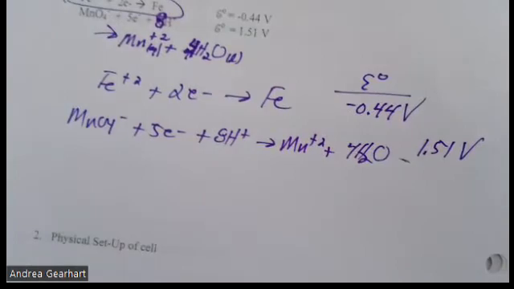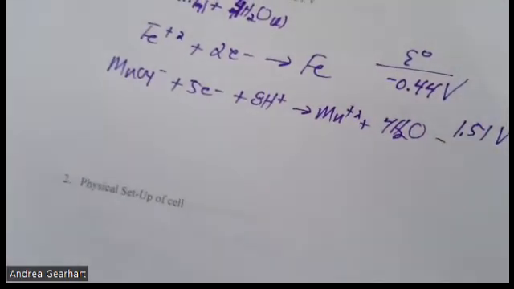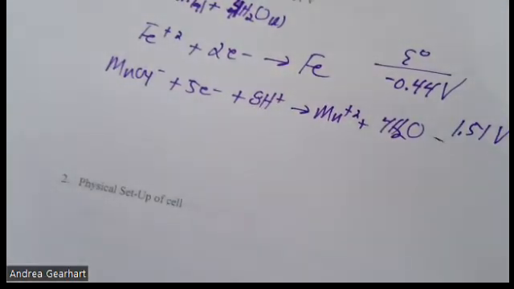We're given both reductions. Okay. Which one, Sophia, do we make our oxidation? We want the most positive value possible.